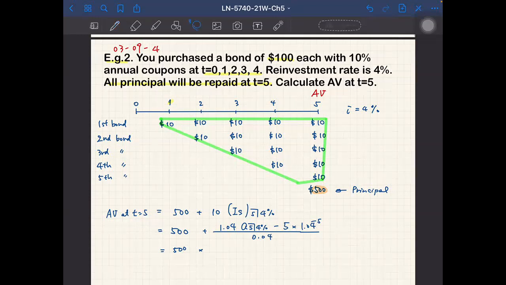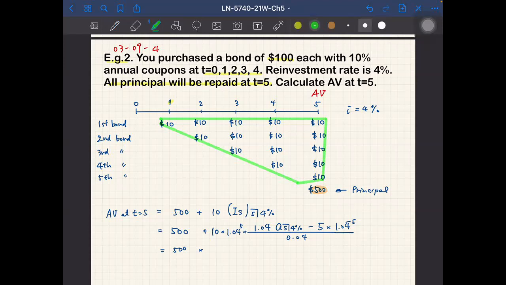Sorry, we skipped several steps. This is the IS and 10 times, so we have to multiply by 10 here. Also, this is accumulated value, not the present value, so we have to multiply by 1.04 to the 5th power.